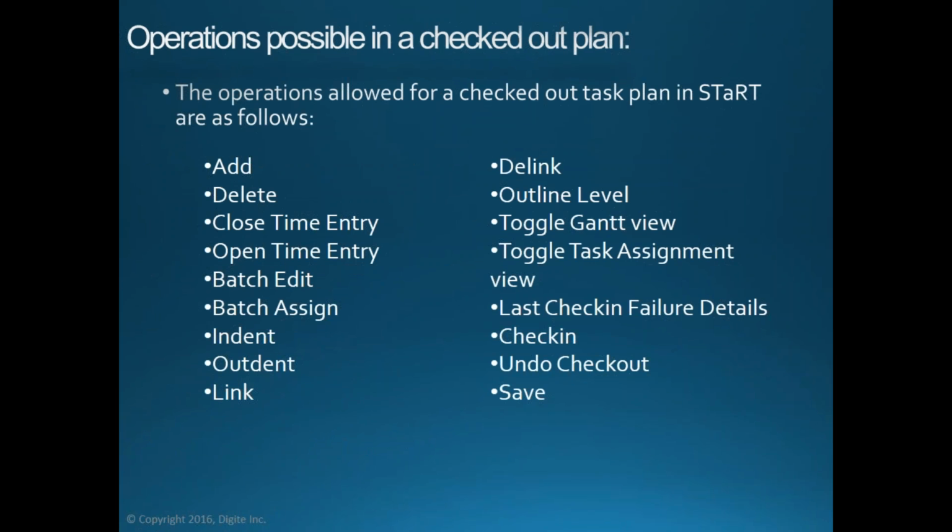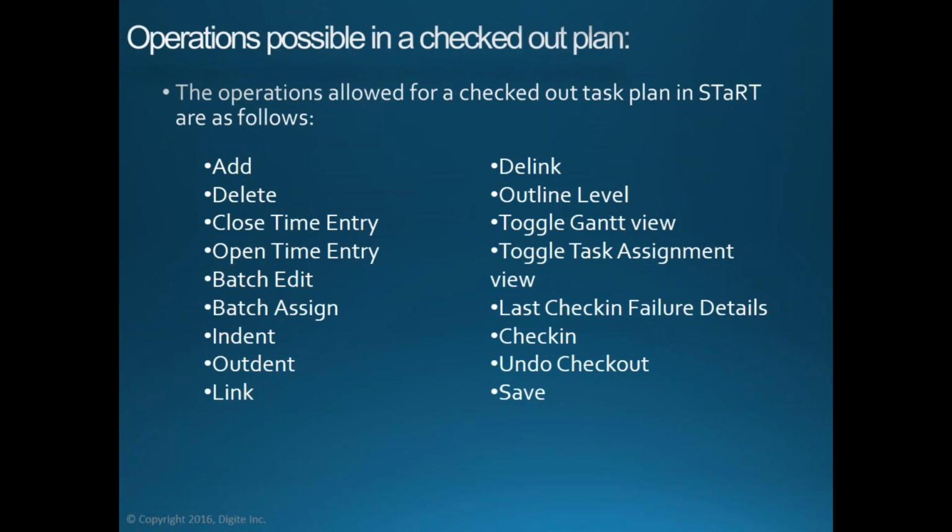What are the various operations possible in a checked out plan? So for example, when I'm trying to add a task in Digité STaRT, what all options are available for me? First, you can add a task. You can delete a task. You can close a time entry for a task or multiple tasks. You can open a time entry, which means you can allow a user to enter time against that task in his timesheet.